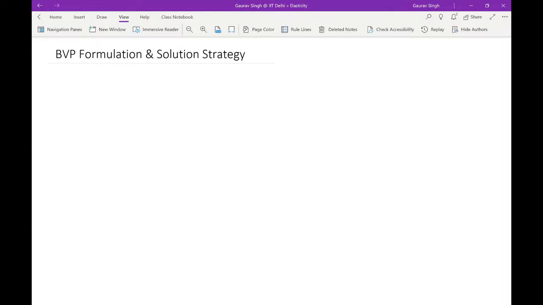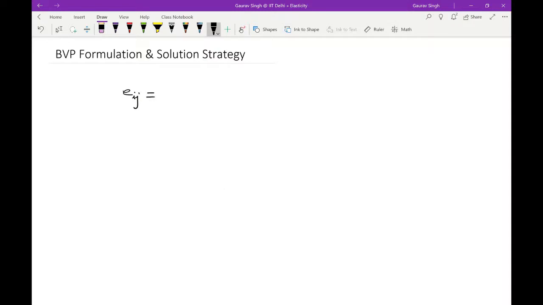We have learned about the strain displacement relation, that's e_ij is half (u_i,j plus u_j,i), and this is all valid at one specific point of a solid.